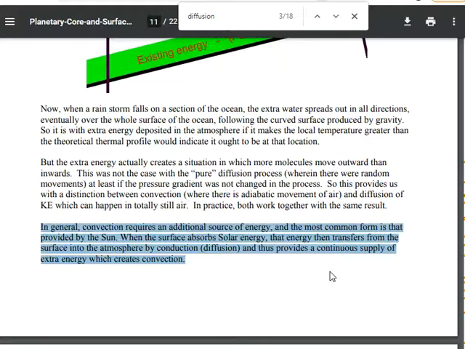It says, in general, convection requires an additional source of energy, and the most common form is that provided by the sun. When the surface absorbs solar energy, that energy then transfers from the surface into the atmosphere by conduction, diffusion, and then provides a continuous supply of extra energy, which creates convection. Okay.